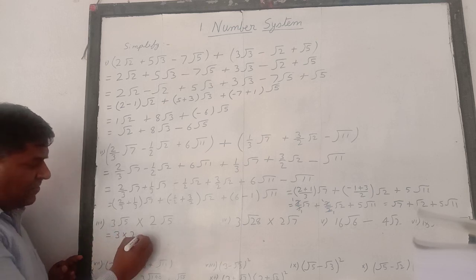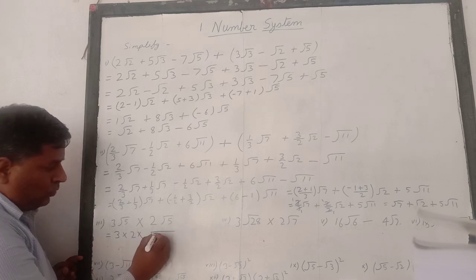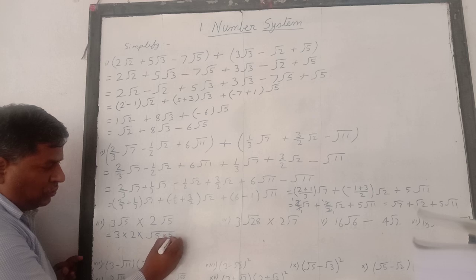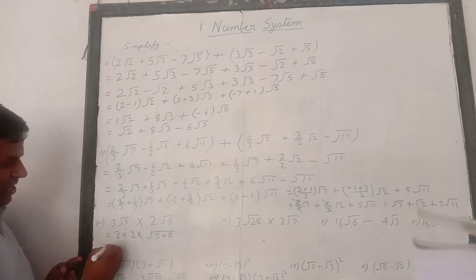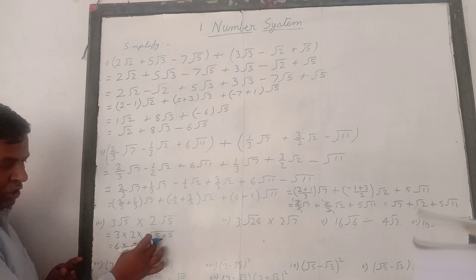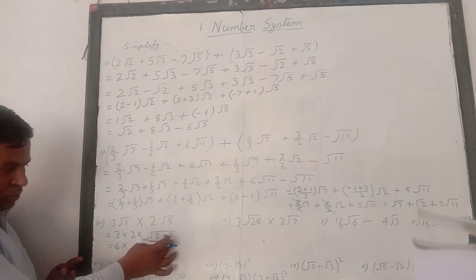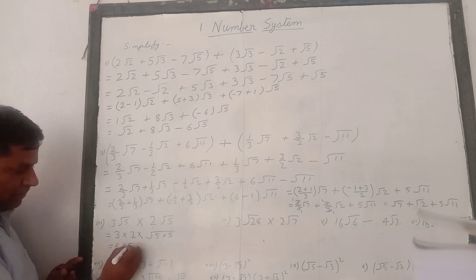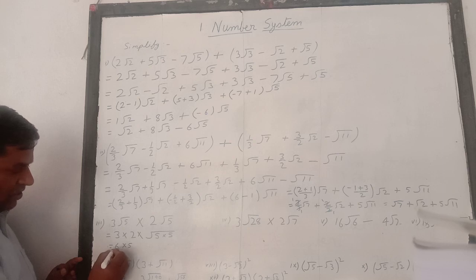And then inside the root, we multiply root 5 into 5. Now 3 into 2 is 6, into root 5 into root 5. It's inside the root, so we can take the square root of this. The square root of this will be 5. So the answer will be 6 into 5 equal to 30. So this is the answer.